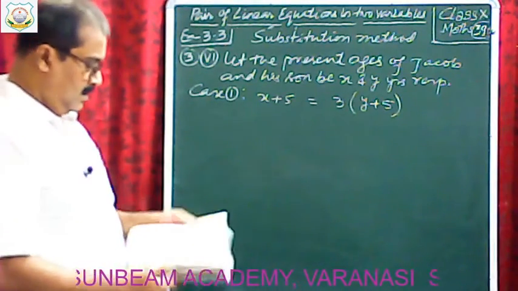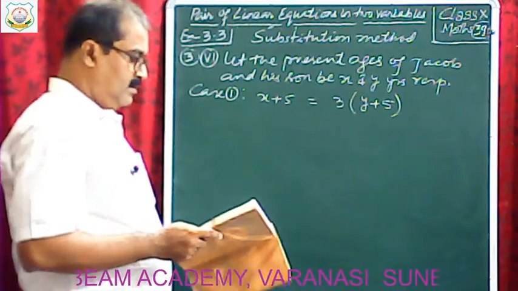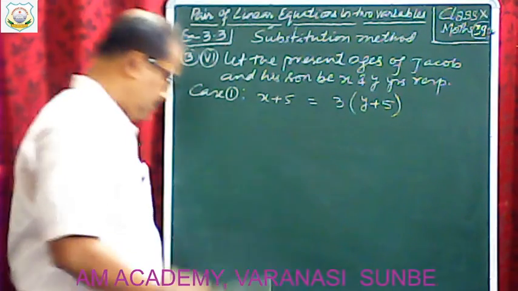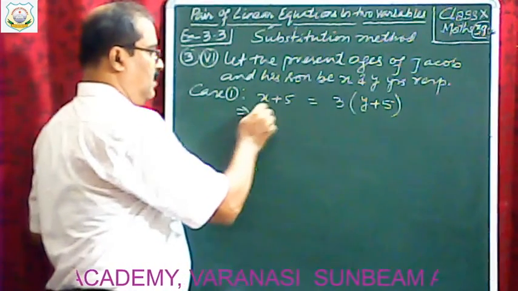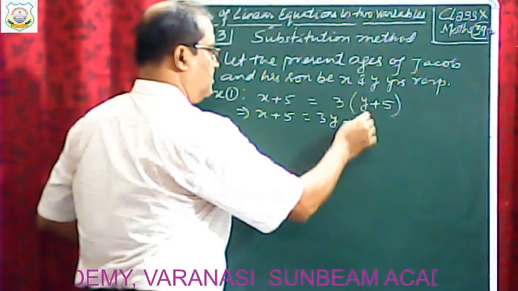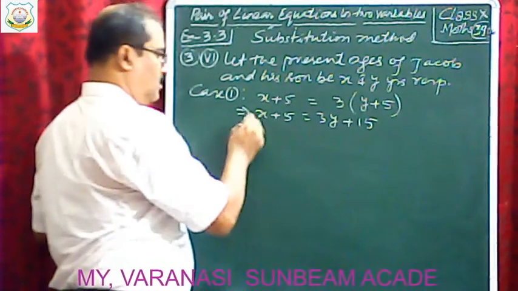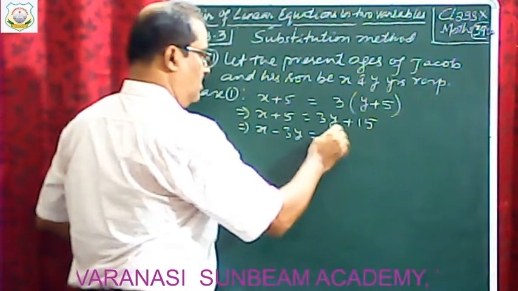Clear? Now simplify and form the equation: X plus 5 equal to 3y plus 15. X minus 3y equal to, transposing, we get 10.